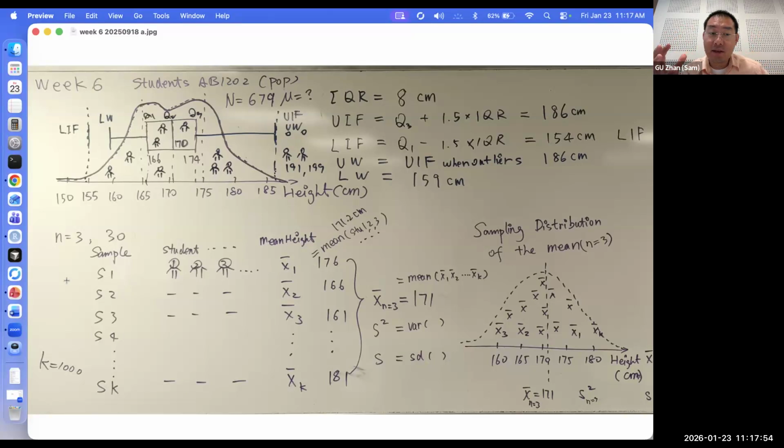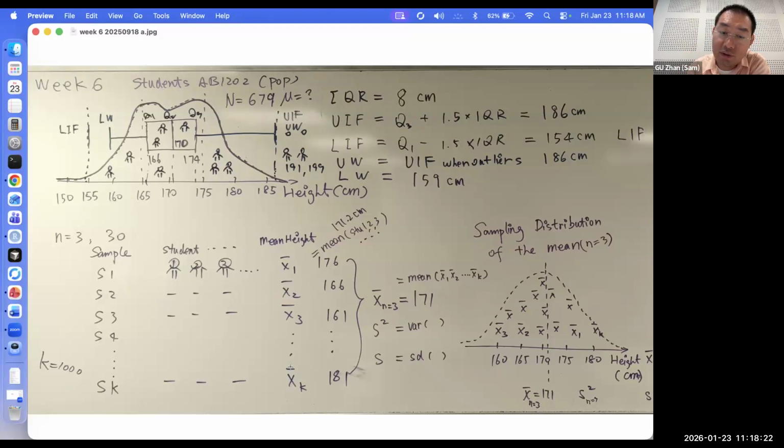Now when the sample size equals 30, how many students have actually been selected? For sample 1, 30; sample 2, 30; sample 3, 30. So 30 times 1000, 30,000 students have been selected. How many average heights or sample means do you have?